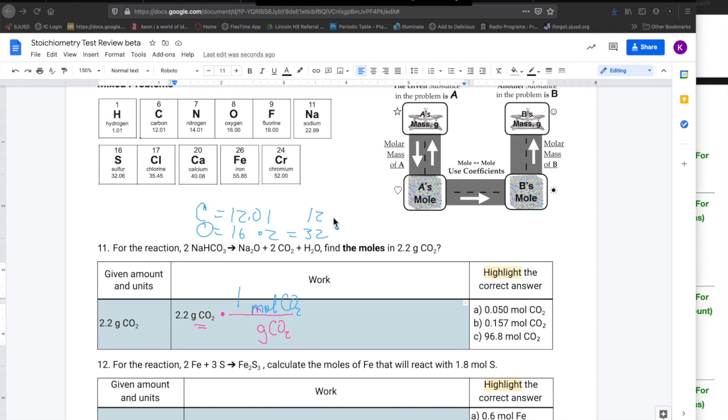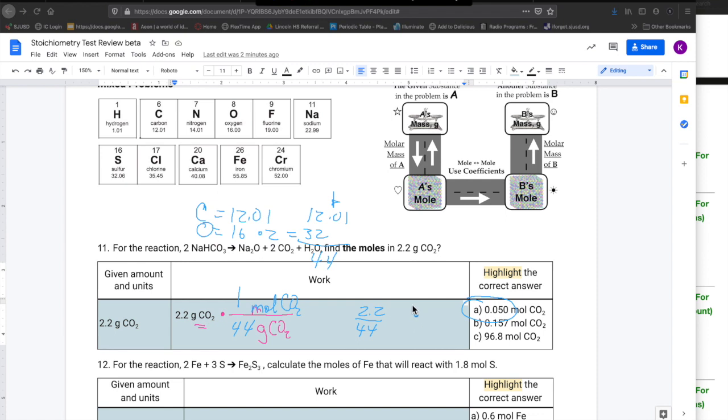So 12.01 and 32 is 44. You really only need whole numbers and maybe the tenths, but you don't need to worry about hundreds. So this one is this answer. In the math, 2.2 divided by 44 becomes 0.05. Cool, let's go on.